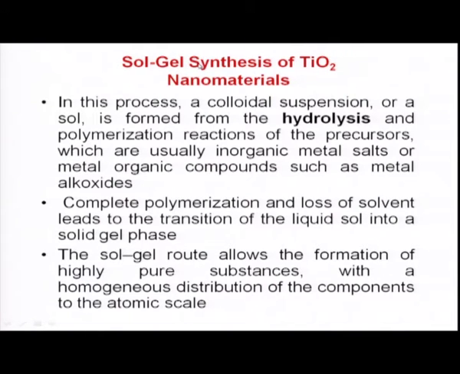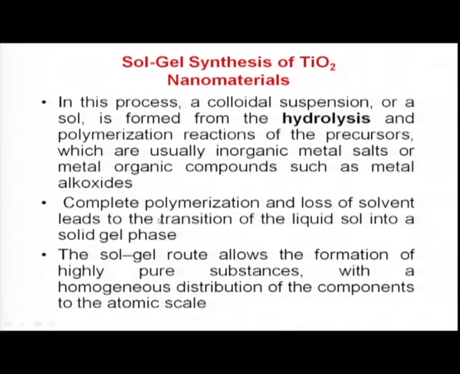You take the appropriate precursor, add water, it will induce hydrolysis, and polymerization will take place. These are usually inorganic metal salts or metal organic compounds such as metal alkoxides, butoxide, propoxide of titanium, taken with a known amount of water and stirred well to get a colloidal suspension.